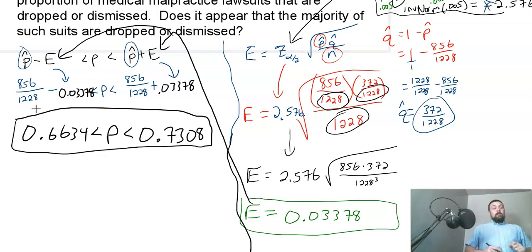Now, the last part of the question says, does it appear that the majority of such suits are dropped or dismissed? There's a lot of hidden meaning in that question. People take some of these words for granted, but there are actually very concrete definitions for what these words mean, and one of those words is majority.